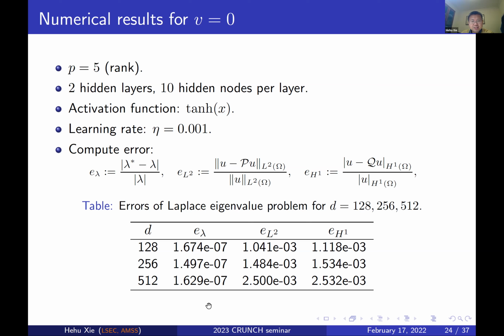This is the errors for the eigenvalue and the eigenfunction approximation in L2 norm and H1 norm.